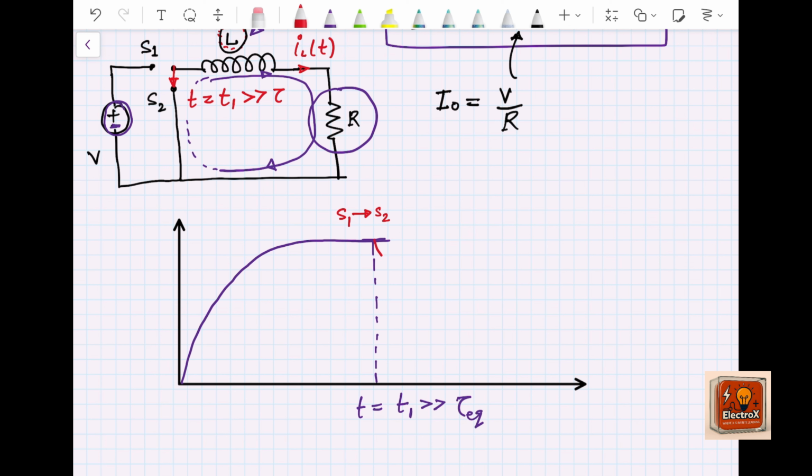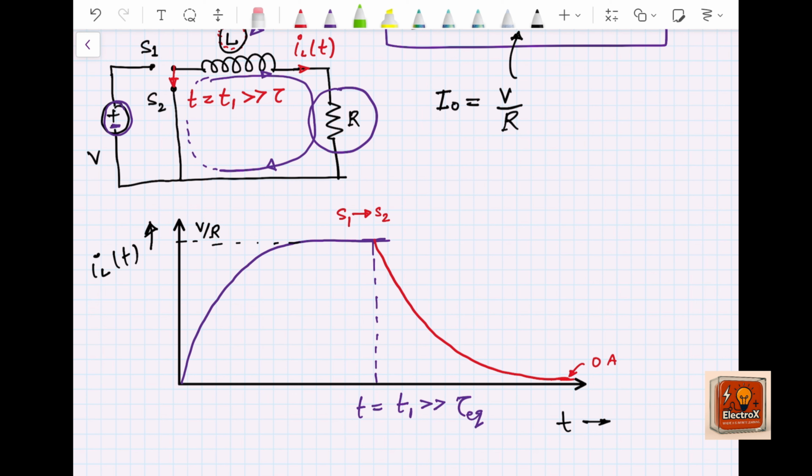We can simply represent the current like this. At infinity, the current will approach zero value. So this was the time axis, this was the current axis, this value was V by R. Now this is decaying.